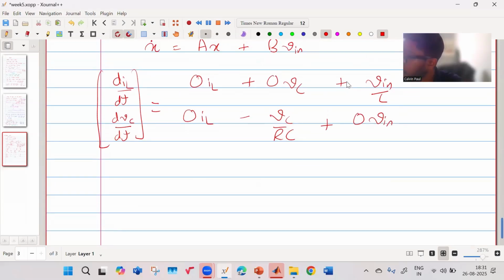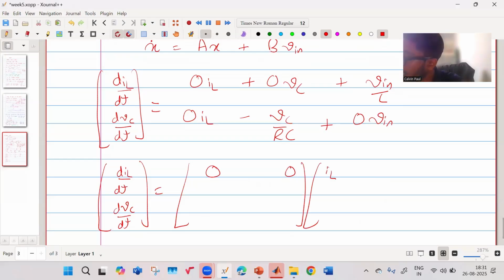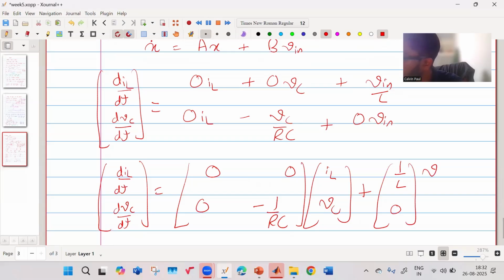So I can write it down as dIL by dt and dVc by dt equal to 0, 0, IL Vc, again 0, minus 1 by RC, plus 1 upon L and 0, Vin.